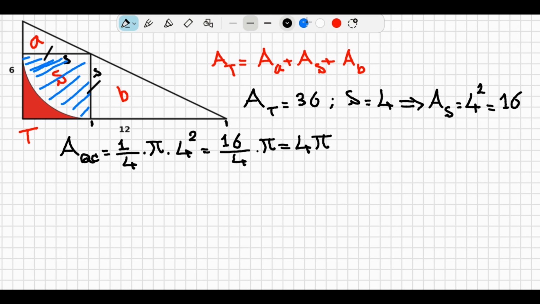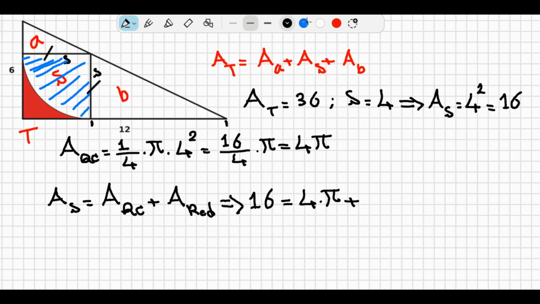Congratulations! We have all the information needed to find the area of the red region here. We can write the area of the square equals the area of the quarter circle plus the area of the red region. So we can write, we know the area of the square is 16, equals the area of the quarter circle, which is 4 times pi, plus the area of the red region.